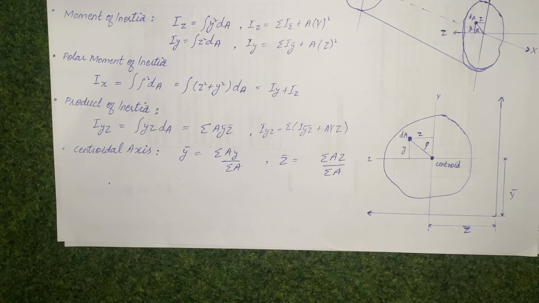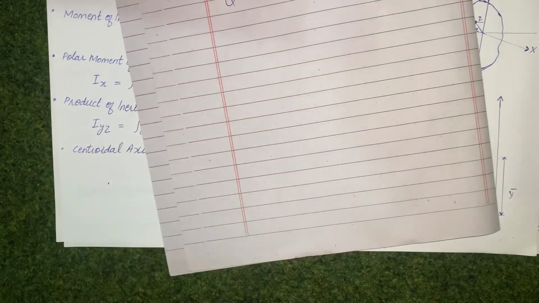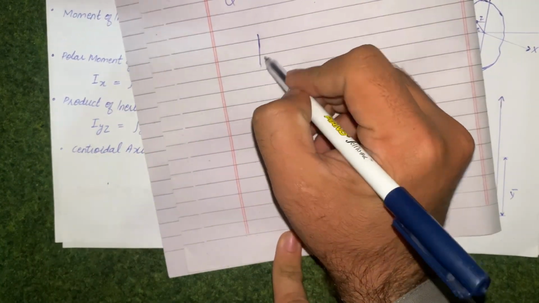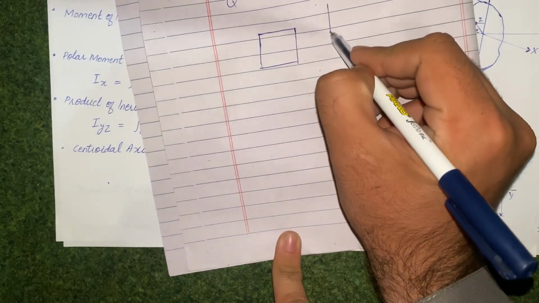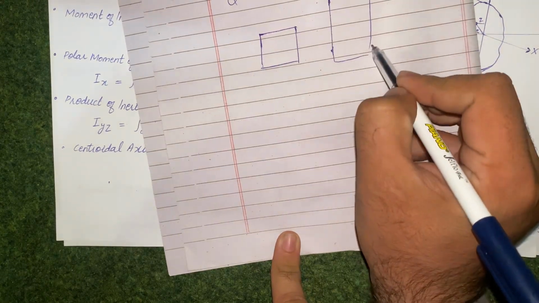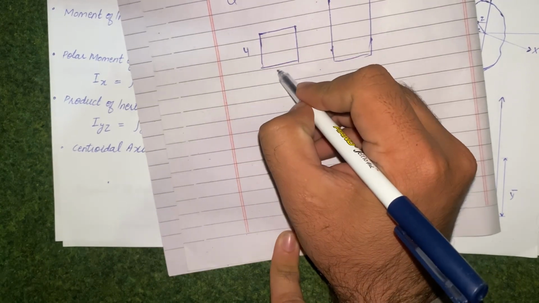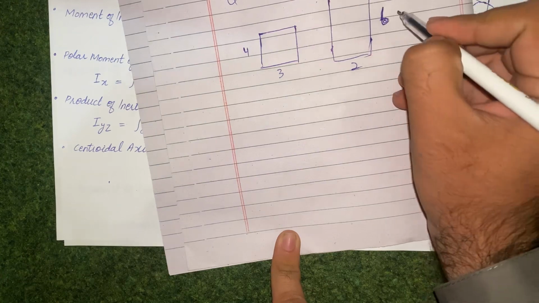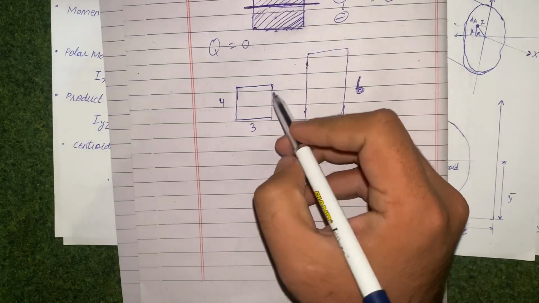If I draw some sections for you, I think it will be a good example. Suppose these are two sections, one with height 4 and base 3, the other with 2 and 6.